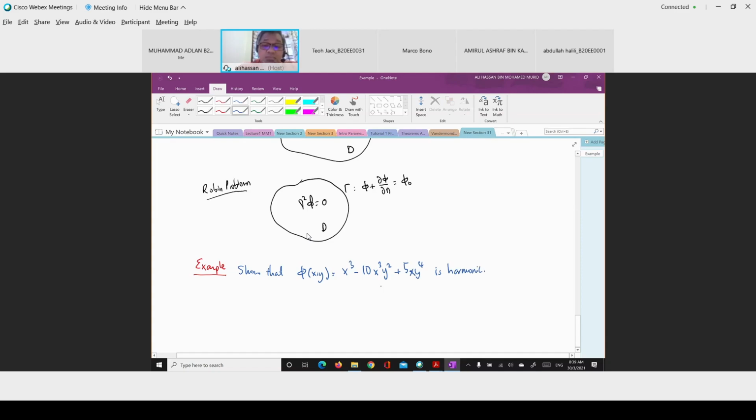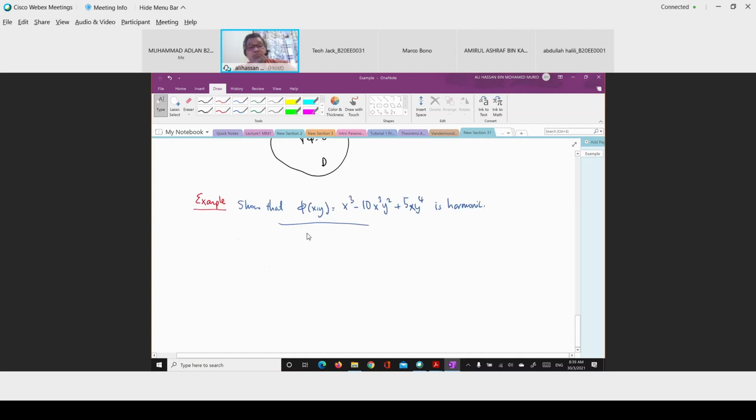So that means we want to show that this function phi satisfies the Laplace equation. We want to show that phi partial x x plus phi partial y y equal to 0.